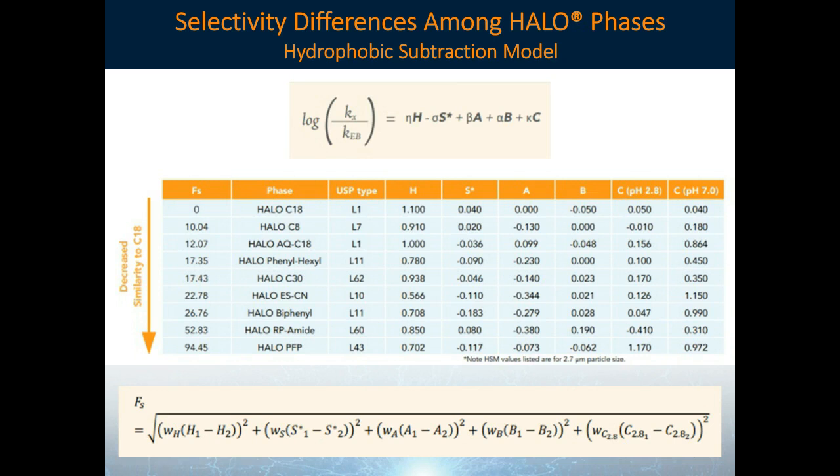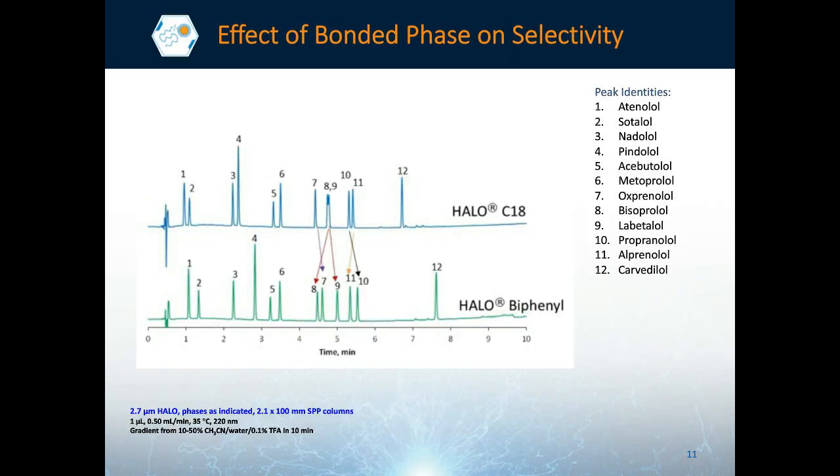This next slide shows an example of using Halo C18 compared to Halo biphenyl for a mix of 12 beta blockers. Beta blockers are mainly used for treating irregular heartbeats and high blood pressure. If you notice the first part of the separation, peaks 1 through 6, you're not seeing very much selectivity difference.